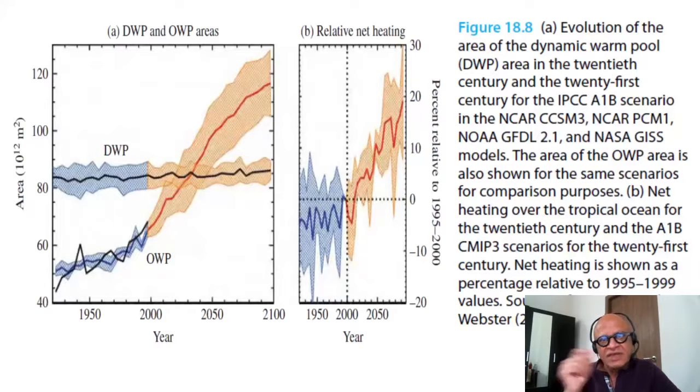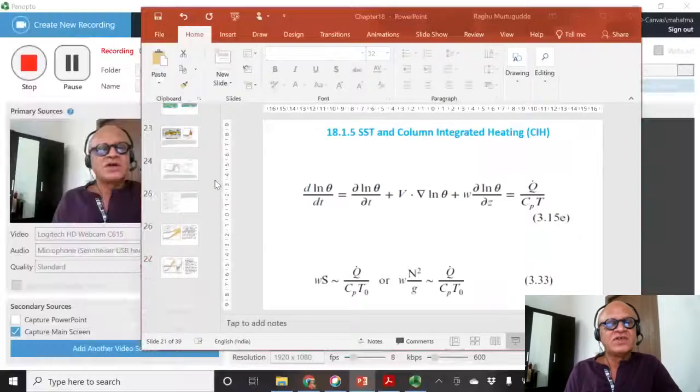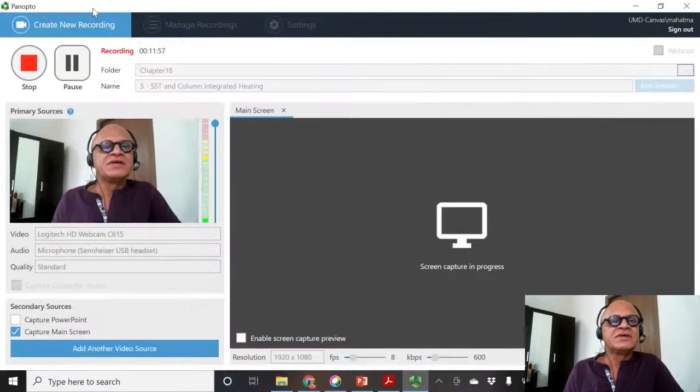So there is a corresponding area of increased cooling happening, which is compensating for the increased heating over the dynamic warm pool. This is something we will resolve in the next podcast. Okay, this is the usefulness of looking at the details of how the tropics are changing, and we'll add a little bit more to this as we go forward.